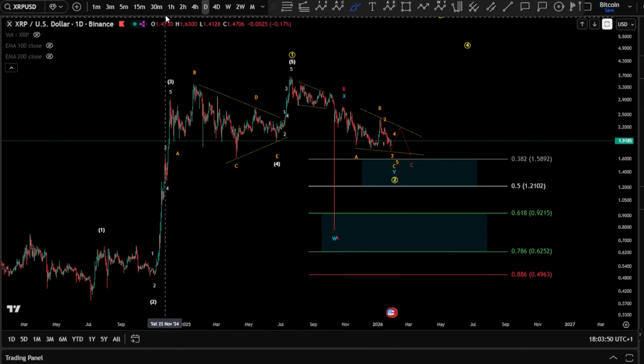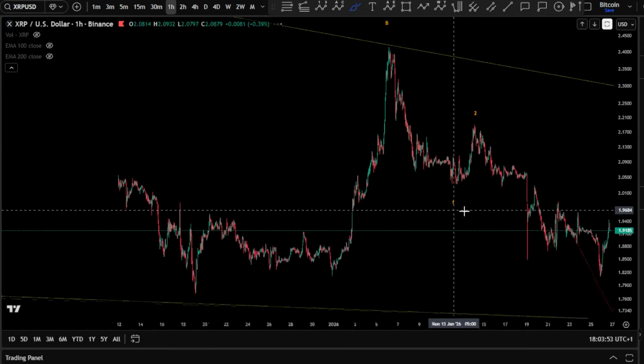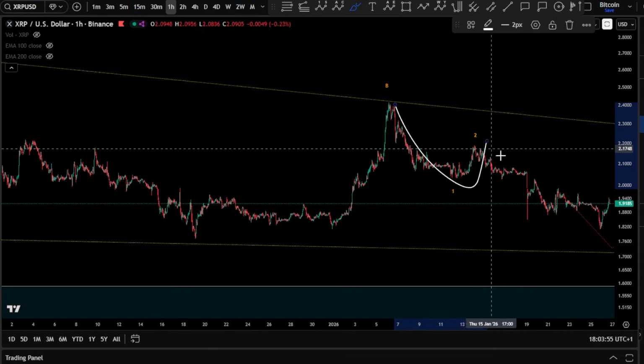So basically, what I'm looking at right now on the 1-hour chart here is a potential 1, 2 there.